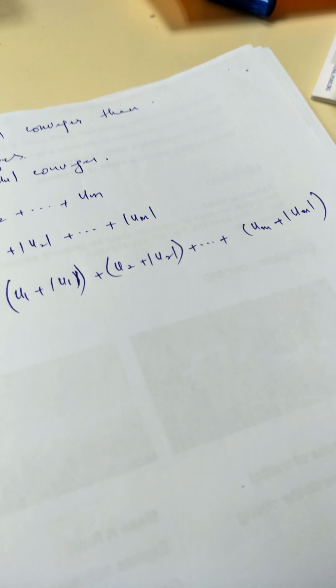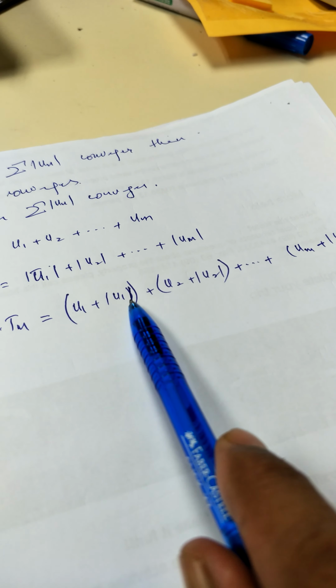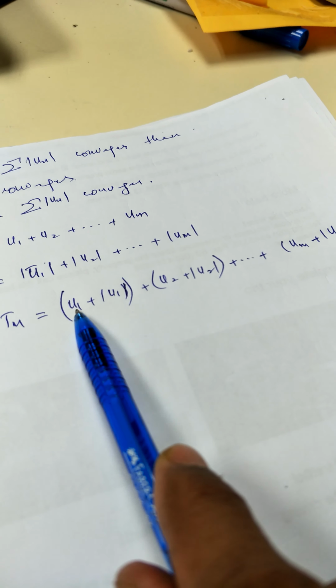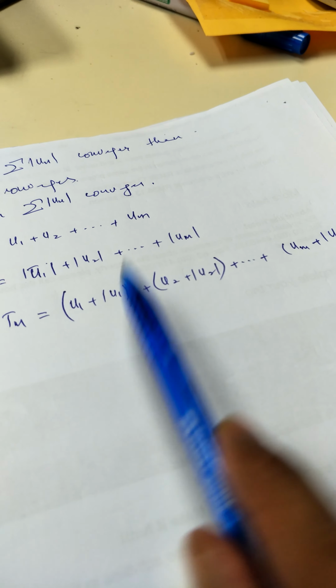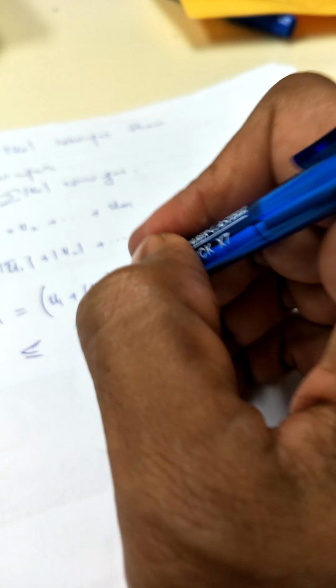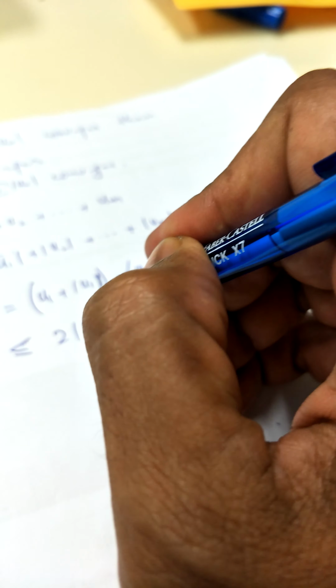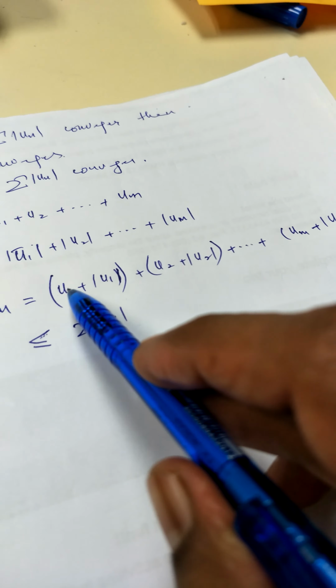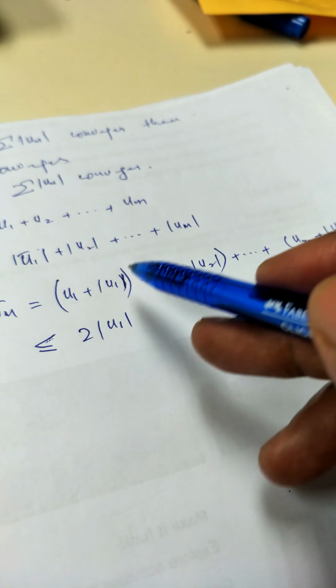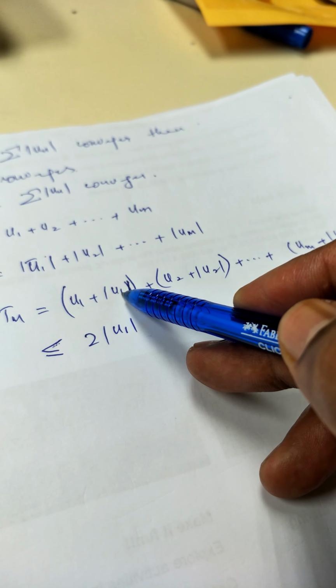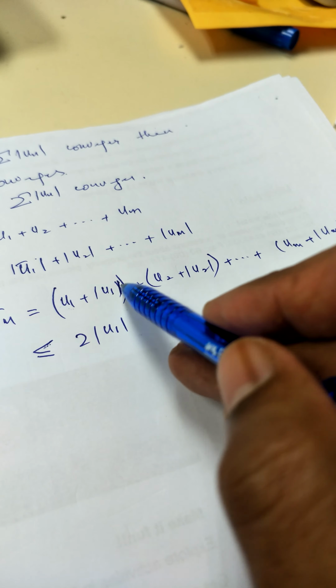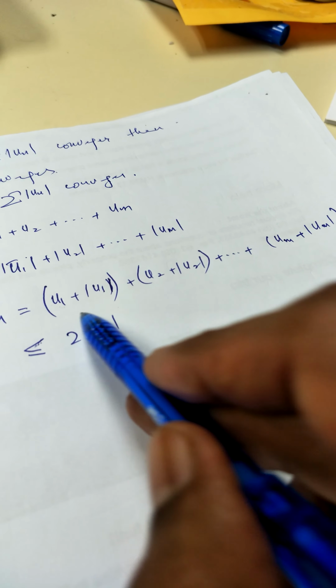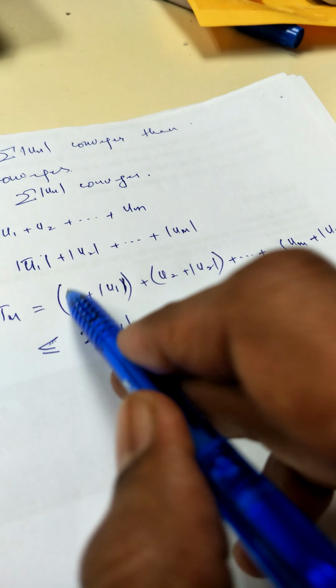Let's group them. For this case, u1 plus the absolute value of u1 is definitely less than or equal to 2 times the absolute value of u1. Because u1 could be negative or positive, but when you take the absolute value it is always positive, so it should be greater than this and less than that.